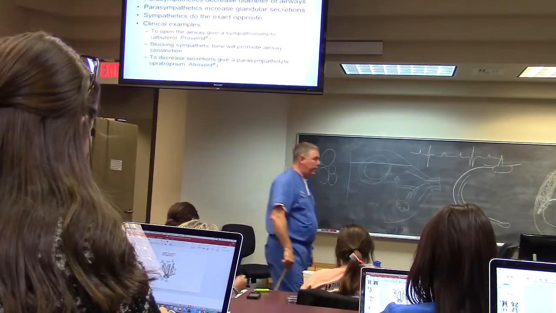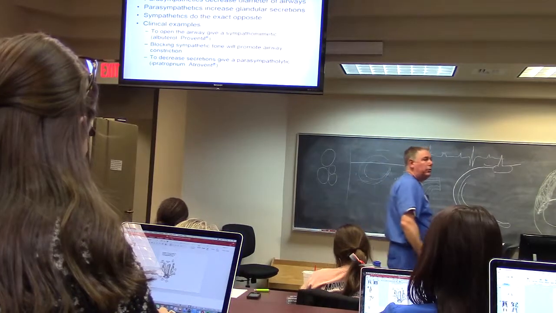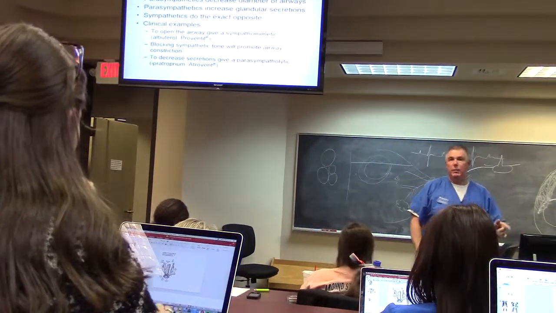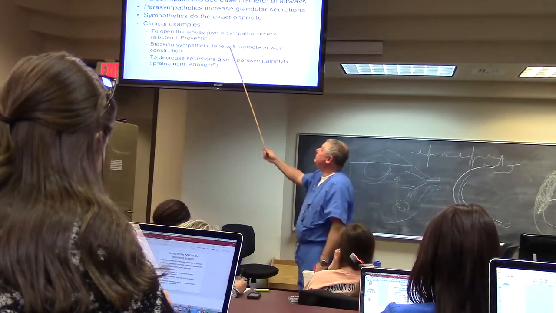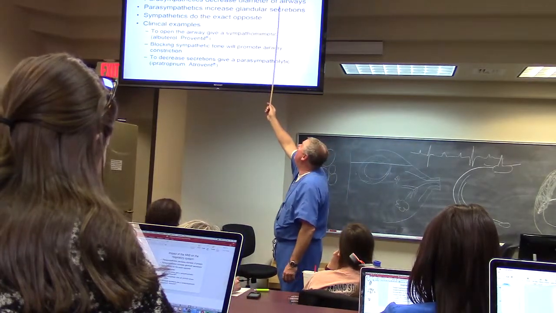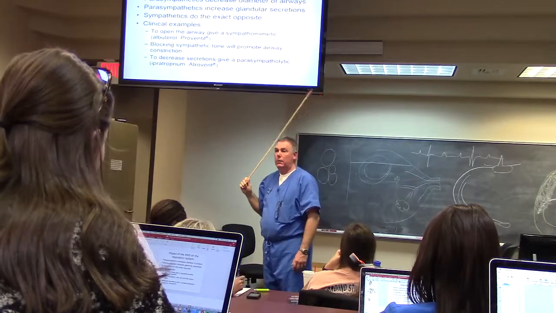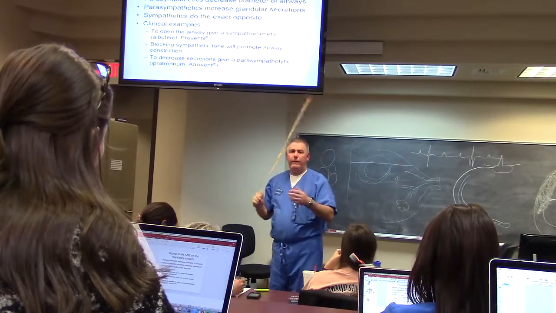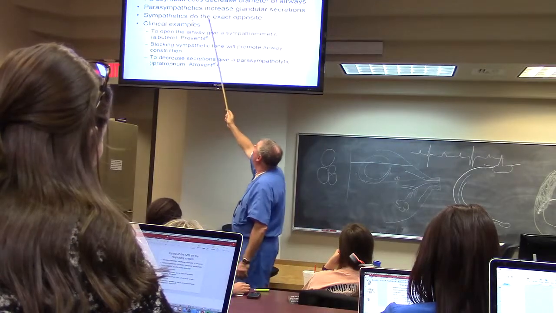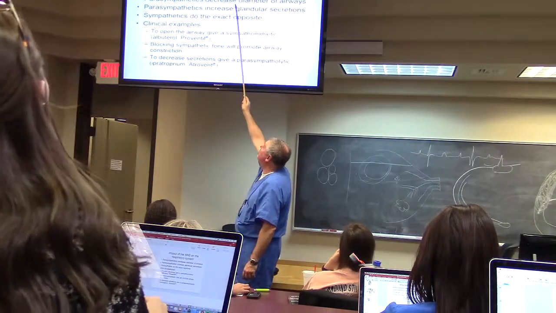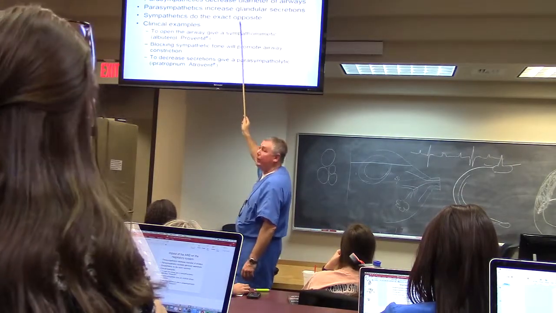What they do here, particularly in relation to the respiratory system, is we've kind of been over this. The parasympathetics decrease the diameter of the airways, thinking that if you're doing the fight or flight, the sympathetics, if the parasympathetics decrease, the sympathetics would increase.